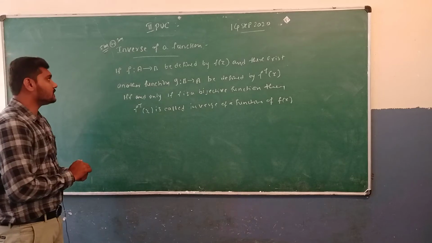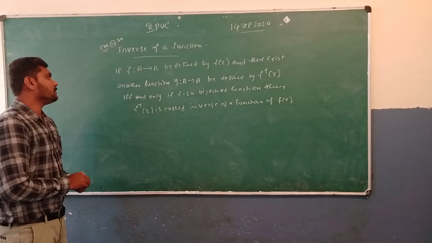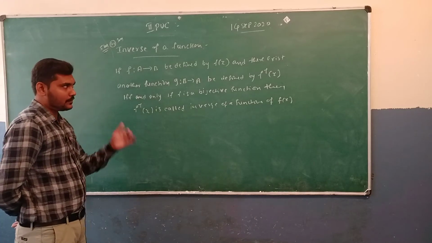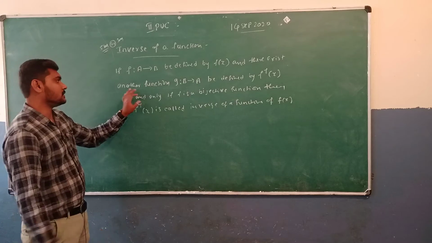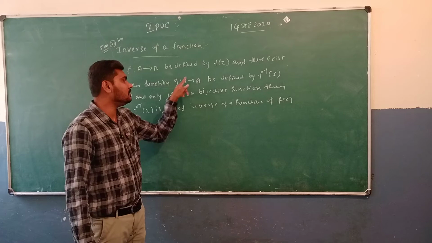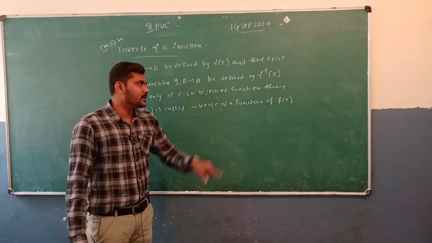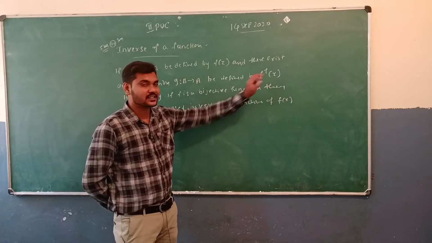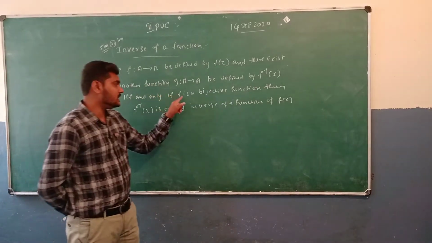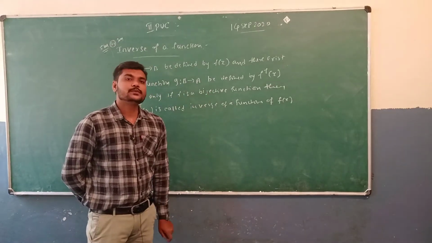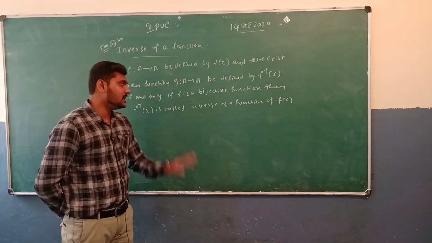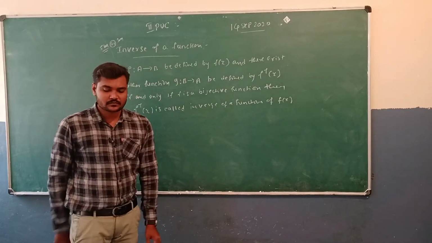So the inverse of a function says that if f is a function defined from A to B, denoted by f of x, and there exists another function g from B to A defined by f inverse of x, if and only if f is a bijective function, then f inverse of x is called the inverse of the function f of x. Right?